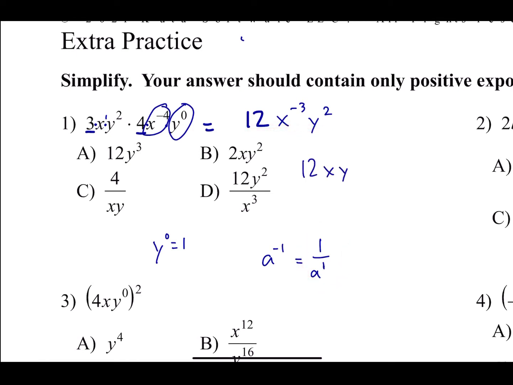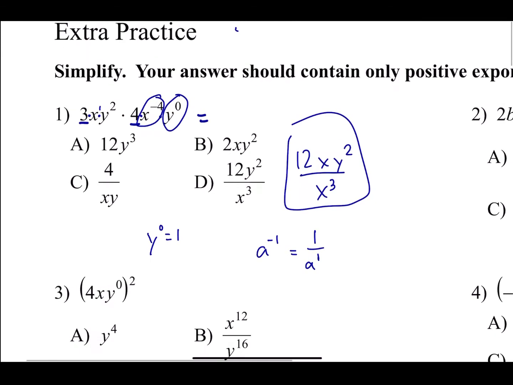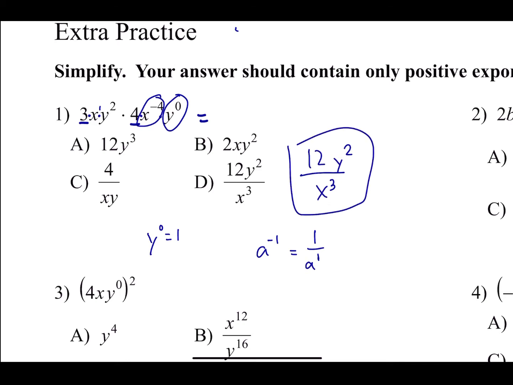So 12x y squared. X is going from the numerator down to the denominator, and we get x to the positive 3. So our final answer should be 12x, actually there shouldn't be an x left on top anymore. Just 12y squared divided by x cubed.